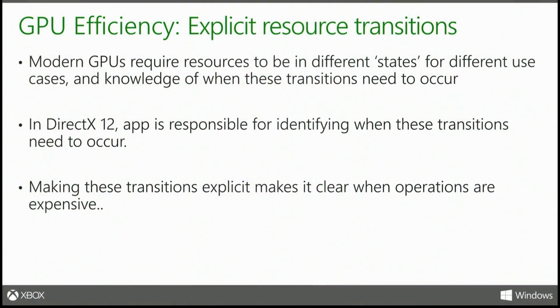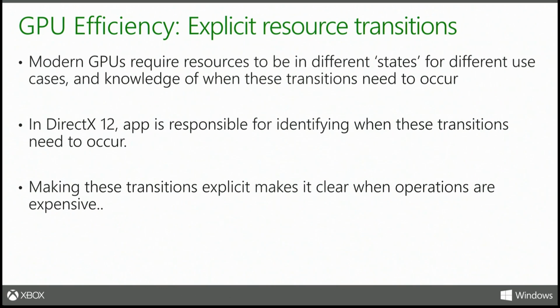OK, so explicit resource transitions. What is a resource transition? Why do we need it? Modern GPUs require resources to be in different states, depending on how the pipeline is going to use it. Modern GPUs are, of course, incredibly complex and have a very deep pipeline. And depending on where a resource is going to be used, they want it to be in a different state.